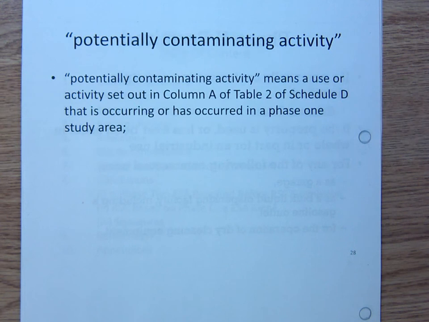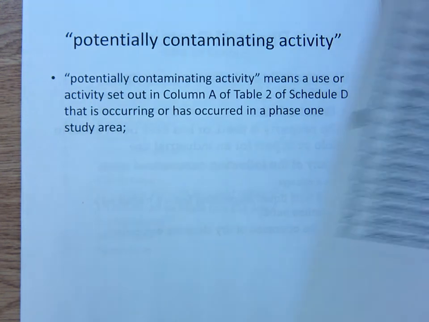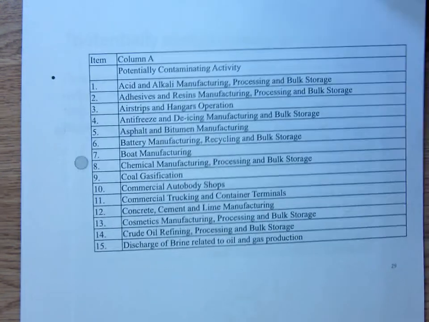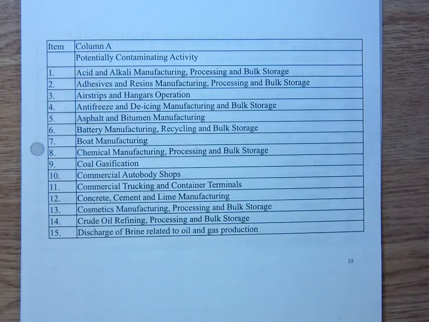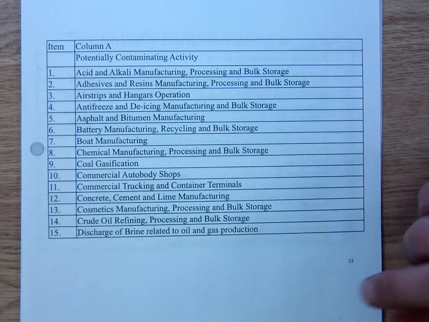These activities are listed in the following pages. We'll go through them quickly. You will have them on pages 29 through 32, and you can see all of these activities. They pretty much include almost every type of manufacturing and industrial use.